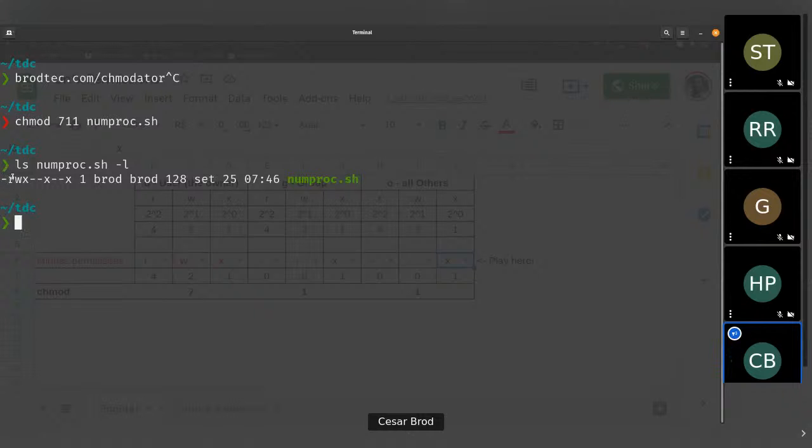Exactly as I wanted. I can read, write, execute. The ones in my group can only execute, and the others in my system can only execute. Let me stop my screen sharing right now.